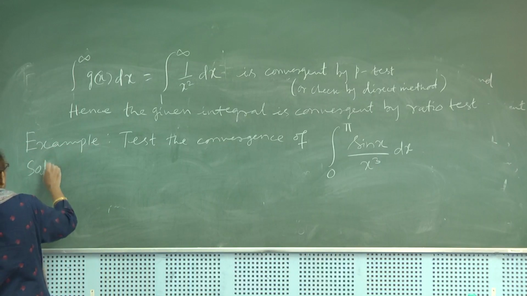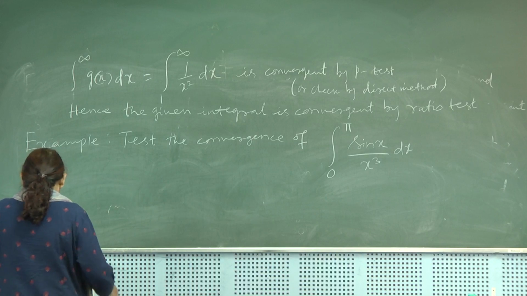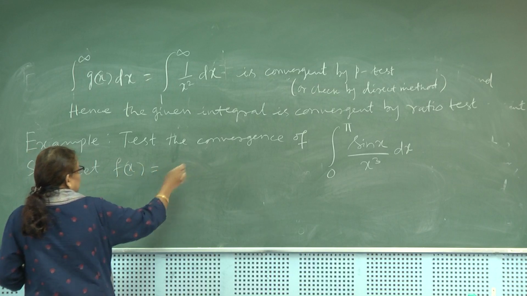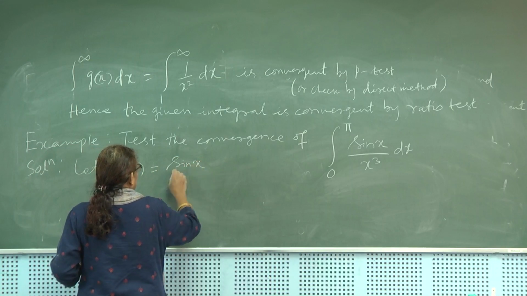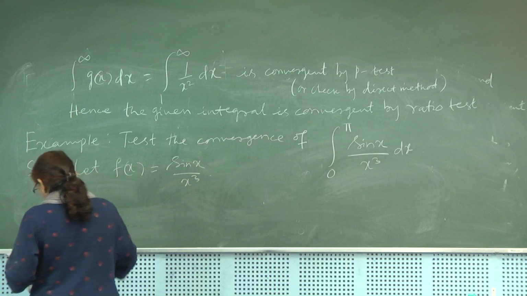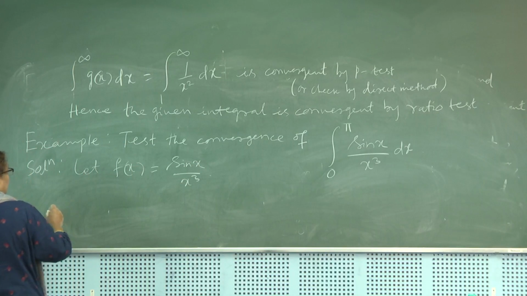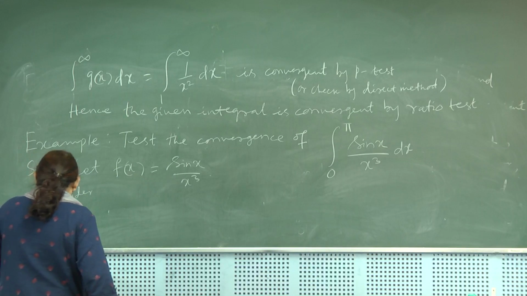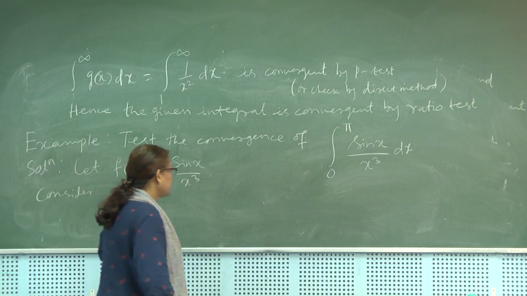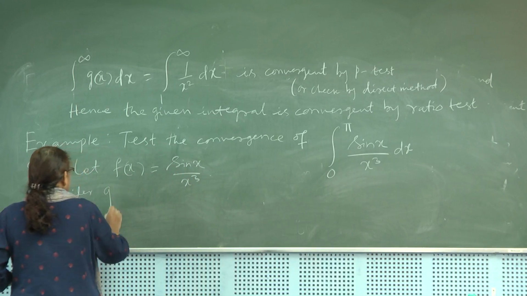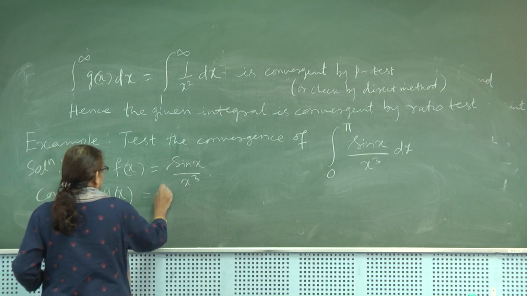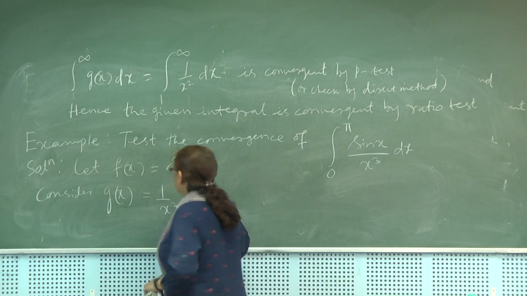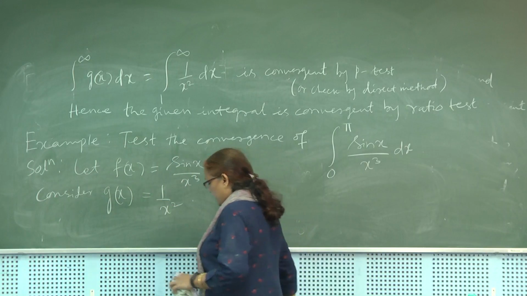So, in this case we take the integrand f(x), that is sin x by x cube, and then g(x) I will take the same g(x) as in the previous example, g(x) equal to 1 by x square.